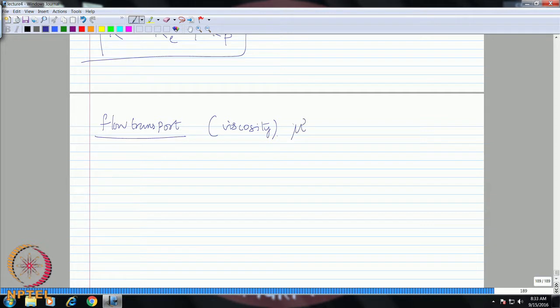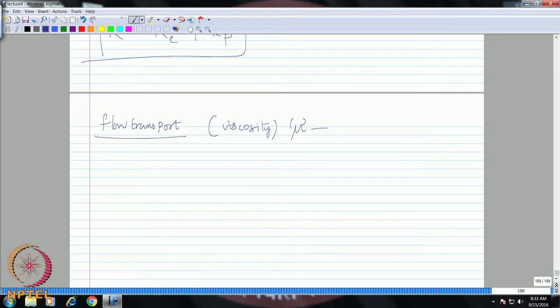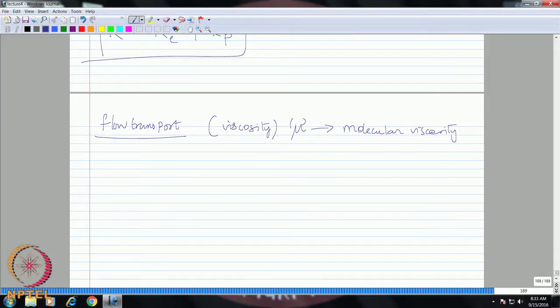Now, viscosity is also called dynamic viscosity or molecular viscosity, because this viscosity can be expressed in terms of all the molecular characteristics. So, from the kinetic theory, this is called molecular viscosity. The origin is coming from the intermolecular collisions. If you extend this to viscosity, we will take up a case of Couette flow to derive this.